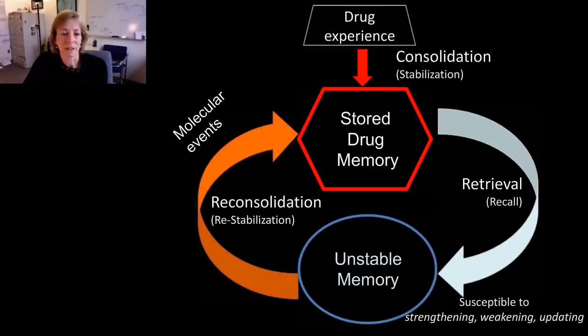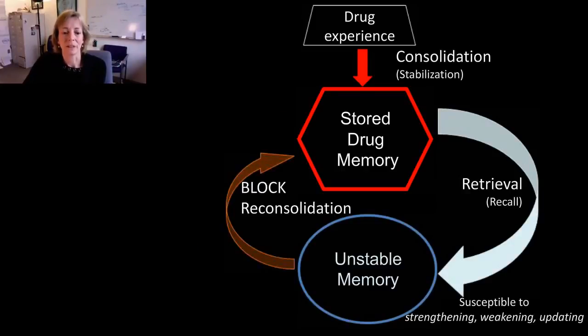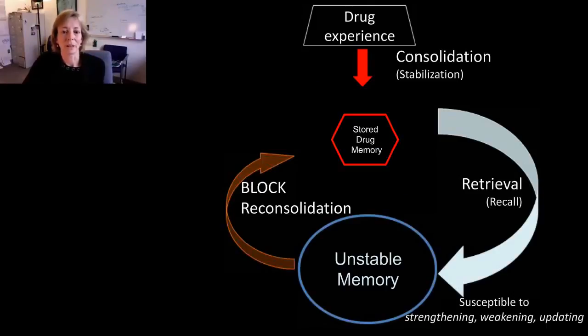This reconsolidation process requires molecular events, and in fact, probably several molecular events. Many of these have been explored in the last 15 years or so. The fact that there are several molecular events means that you could potentially block some of these events and reduce or block reconsolidation of memory, and therefore reduce that stored drug memory in some fashion.